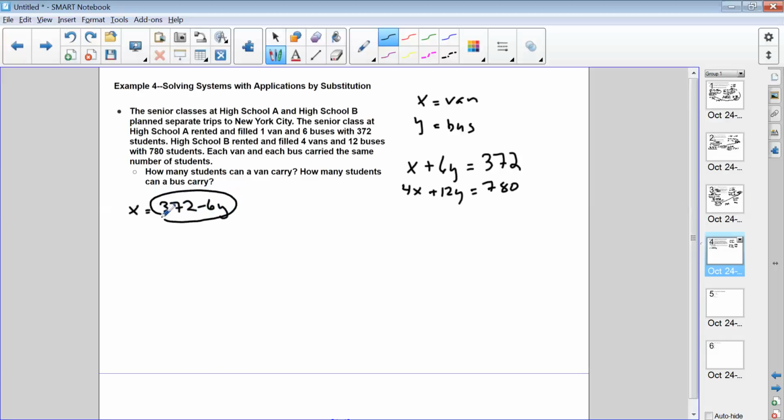So wherever I see an x over here, I'm going to substitute 372 minus 6y. So 4 times 372 minus 6y plus 12y is equal to 780. Again, I'm in terms of y, which means it's going to tell me how much a bus can hold and carry. So I'm going to distribute.